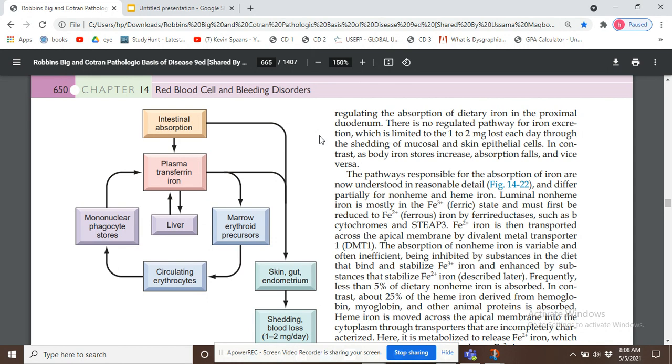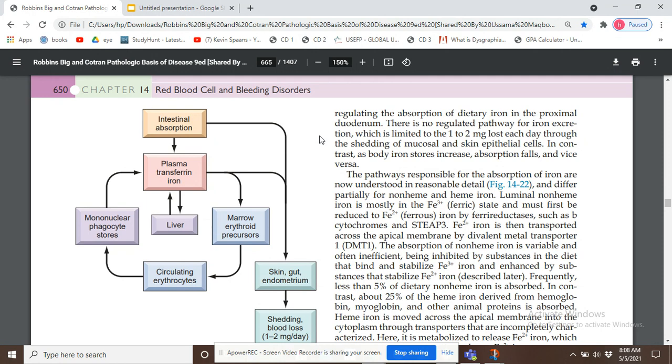So the level of iron in the body should be regulated, and this regulation occurs at the level of the GIT, where iron is absorbed, in the duodenum. If a large amount of iron is present in our body, then absorption will be reduced, and there will be shedding of the epithelium.